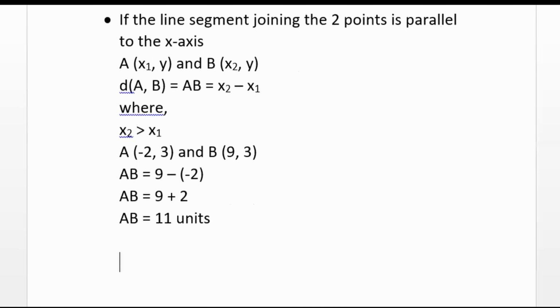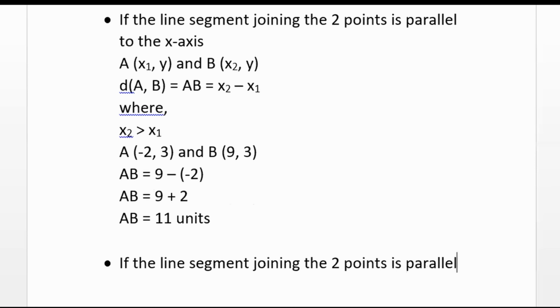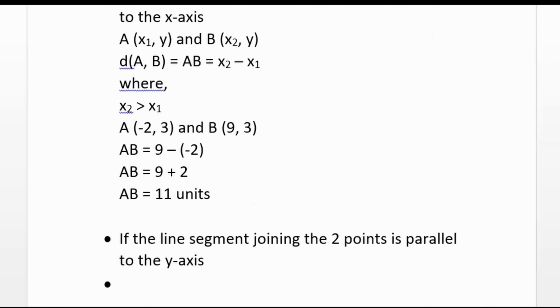Now we come to the next case, where the line segment joining the 2 points is parallel to the y-axis. And how do we get to know if the line segment is parallel to the y-axis?